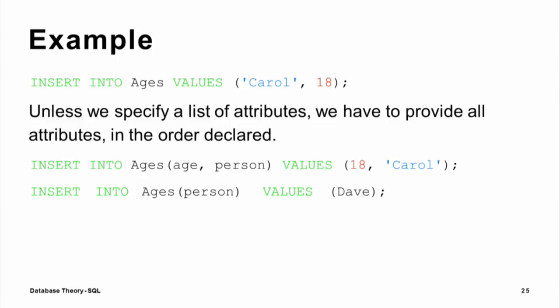And there's a bit of an error here. It says Dave. It should be a string. It looks more like a variable here. I'll fix that for you. And this also means that the age is not mandatory. It's optional. It can be null. And null is a value we will have a look at in a short moment.